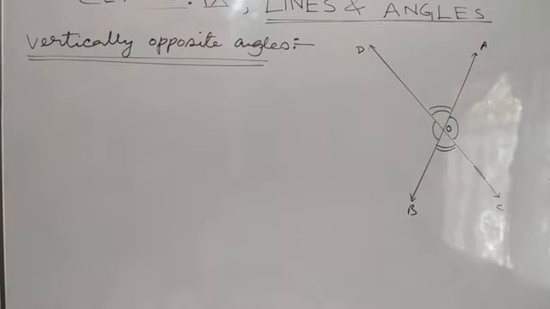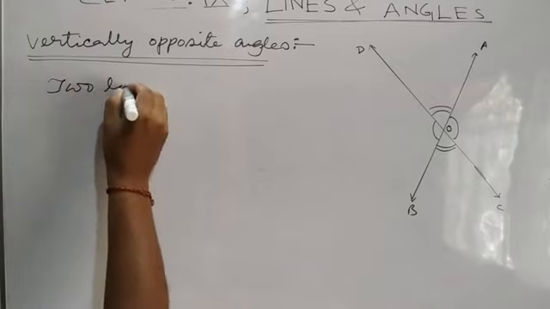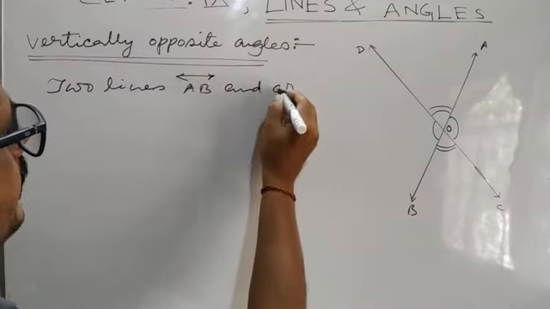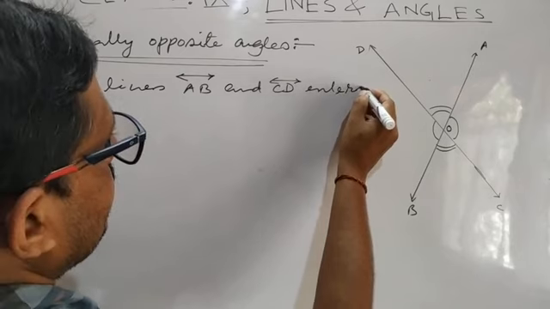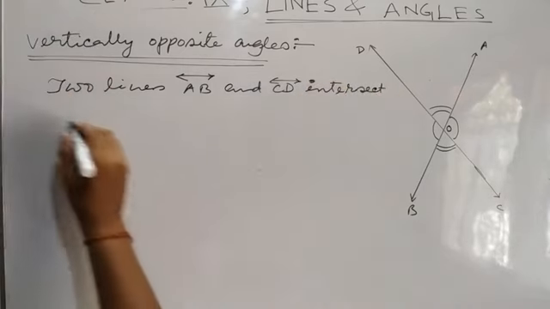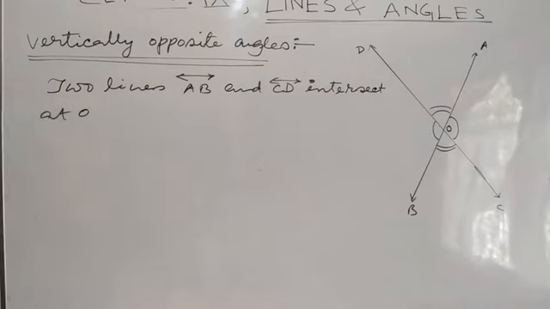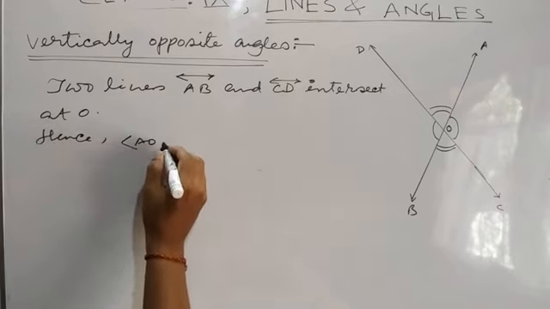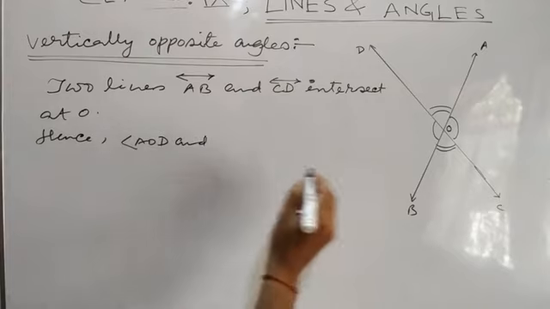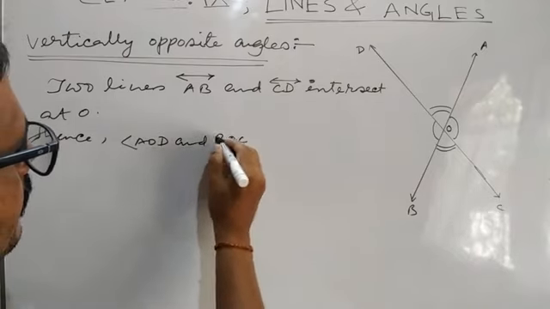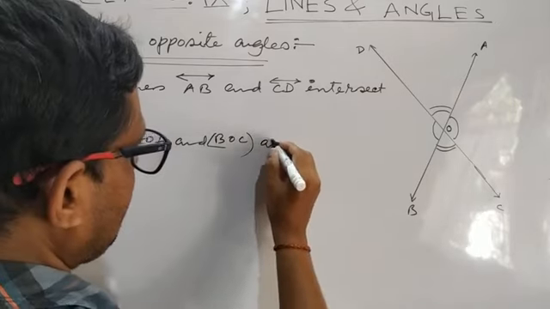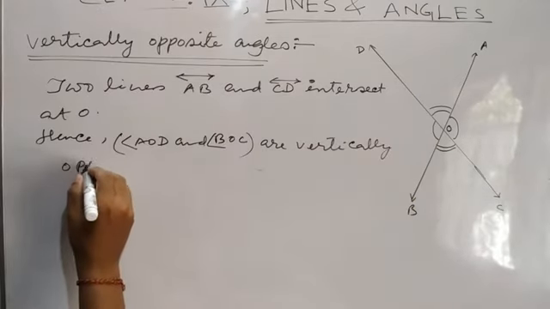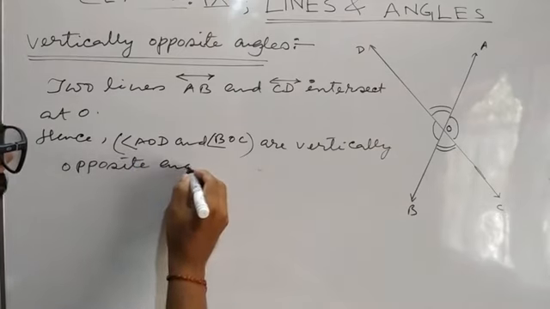So you see here, two lines AB and CD intersect each other at O. Hence angle AOD and angle BOC are vertically opposite angles.